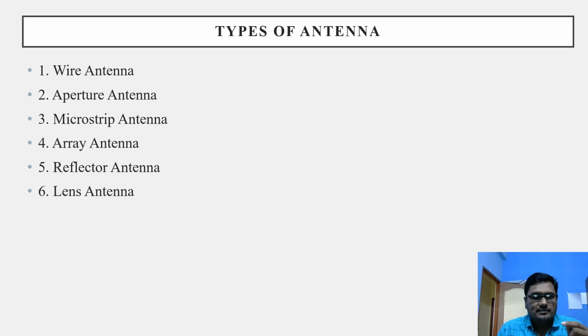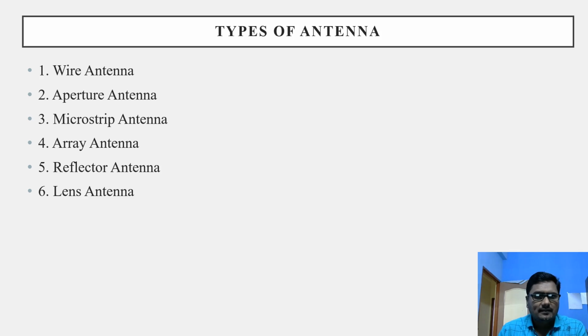Here, as an introduction, I will just show you some examples of wire antenna, aperture antenna, and reflector antenna, how they look, and what kind of microstrip antenna is there. So it is an overview of types of antenna. As we go on studying the second, third, and fourth chapters, you will come to know the detailed analysis and design of every type of antenna.